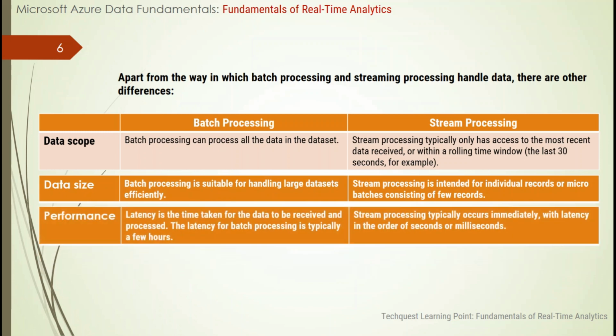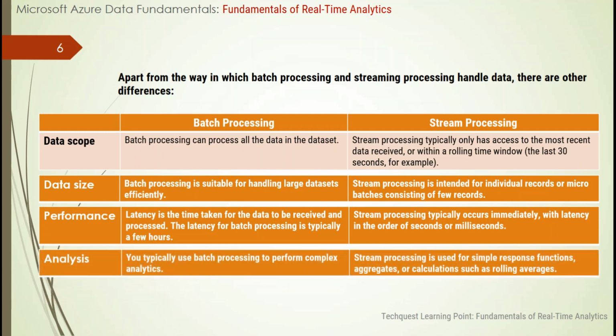Performance. Latency is the time taken for the data to be received and processed. The latency for batch processing is typically a few hours. Stream processing typically occurs immediately, with latency in the order of seconds or milliseconds. Analysis. You typically use batch processing to perform complex analytics.